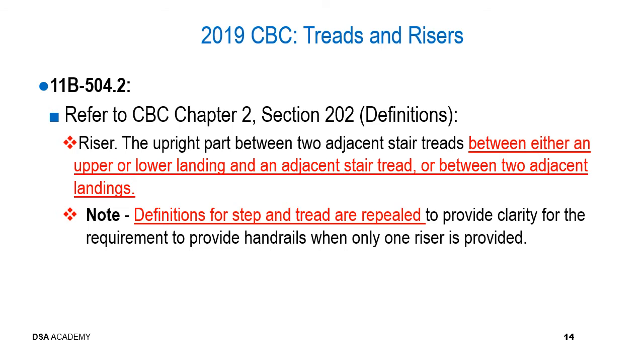So that upright between two adjacent stair treads between either an upper or lower landing and an adjacent stair tread, or between two adjacent landings. And the definitions for step and tread are repealed to provide clarity for the requirement to provide handrails when only one riser is provided.